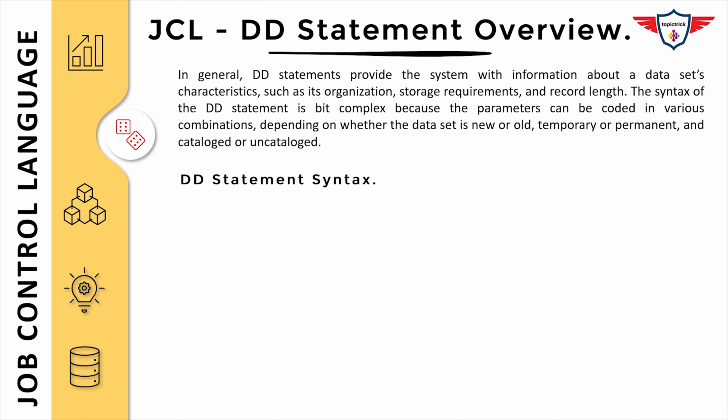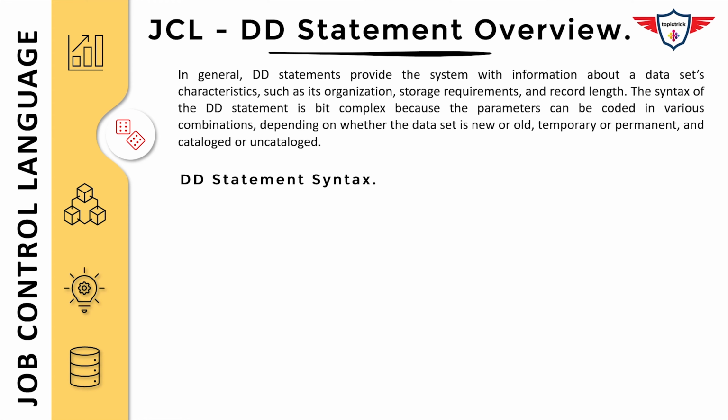In general, DD statements provide the system with information about a dataset's characteristics such as its format, storage requirement, and record length. The syntax of the DD statement is a bit complex because the parameters can be coded in various combinations depending on whether the dataset is new, old, temporary, or permanent, and cataloged or uncataloged.